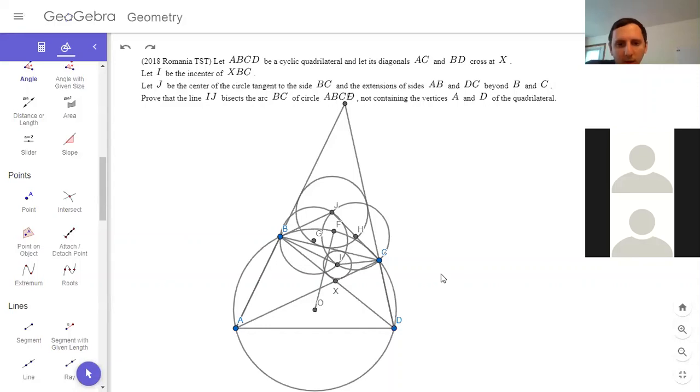Is it always true that G and H lie on the incircle of BCE? That G and H lie on the incircle of which circle? Of BCE? Of BCE, yes. No, they don't lie on it.